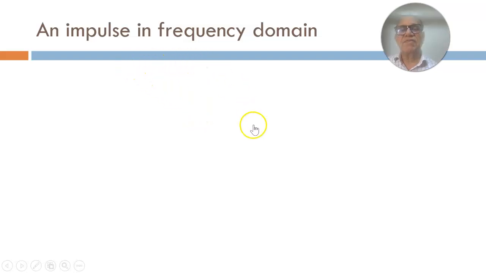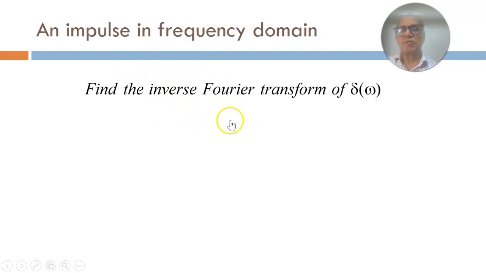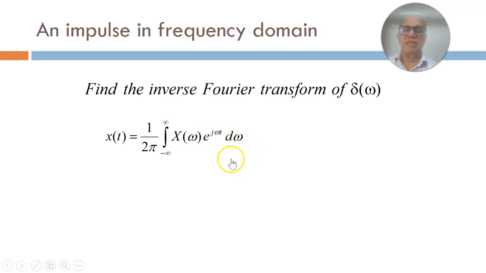Consider the impulse in the frequency domain. So suppose we have the Fourier transform of some signal, the signal that we want to find out as a function of time, and let us say this is known to be delta(omega). So an impulse in the frequency domain, and we want to find its inverse. So we write the expression for the inverse, x(t) equal to 1 upon 2 pi times the integral from minus infinity to plus infinity of X(omega) e raised to j omega t d omega.